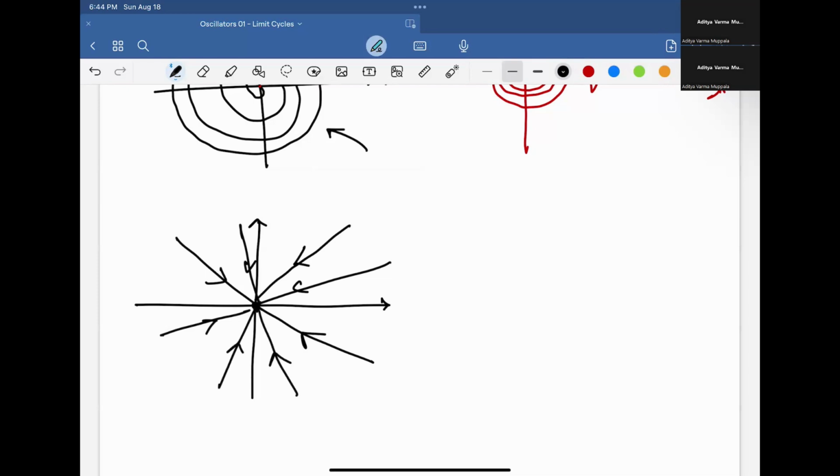So this point at the center is called a fixed point or stationary point. So what does that mean? That means that this vector at 0 is equal to 0. That means anything that's over there doesn't move. And in fact, this is a stable fixed point because everything is moving into it, right?